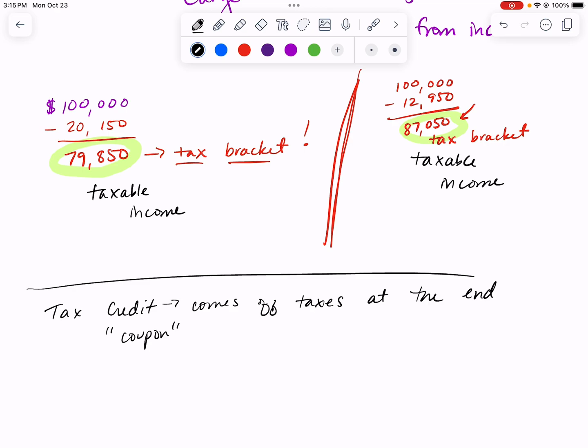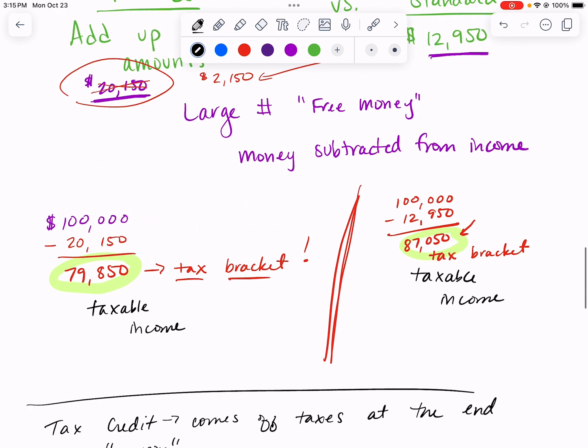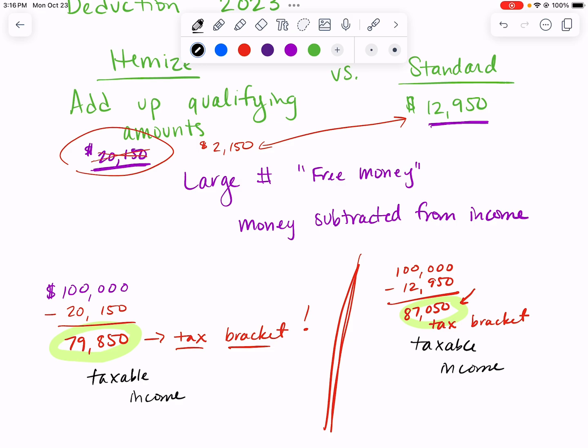So you get your total tax, and then you might say, yeah, but I have a tax credit for adding solar panels, let's say, for solar, and that's $500 off. So these get applied at the very end, but your deductions come off first. It reduces your income so that your taxable income is less than your actual income.